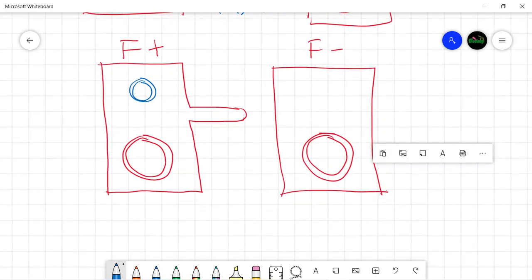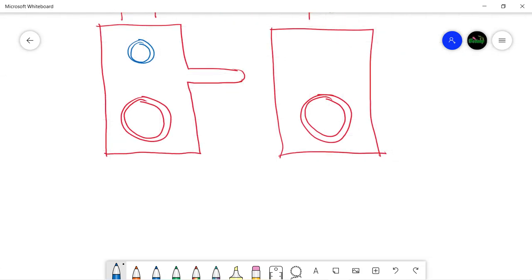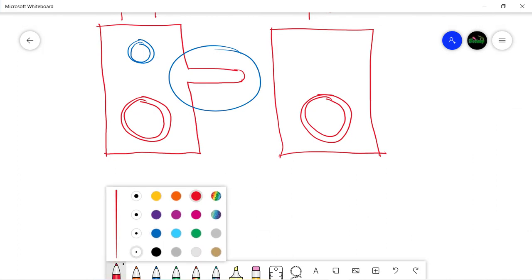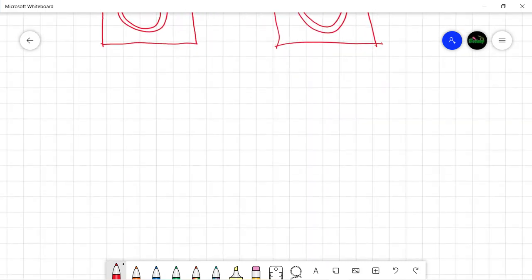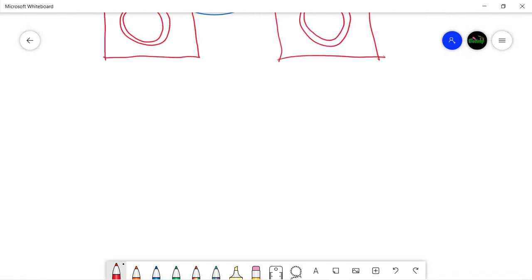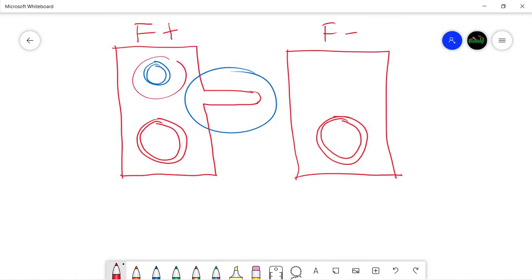Now in the next diagram, this F pilus connects the two cells. So the two cells are connected and the transfer of the DNA begins, or the transfer of this particular F factor begins.